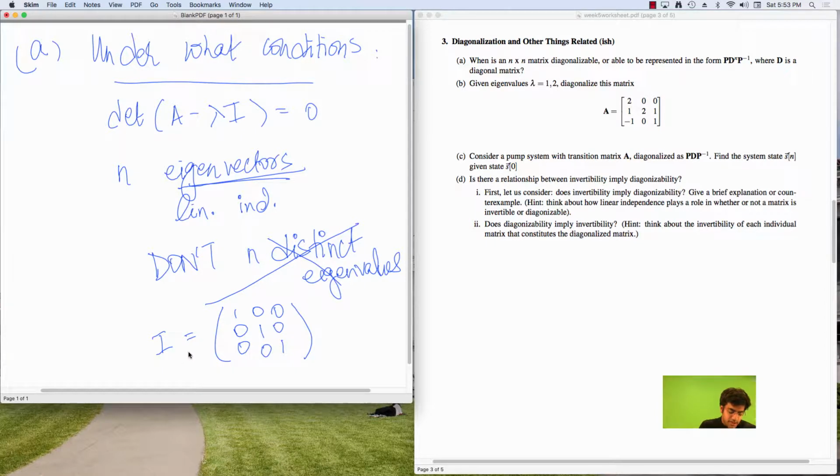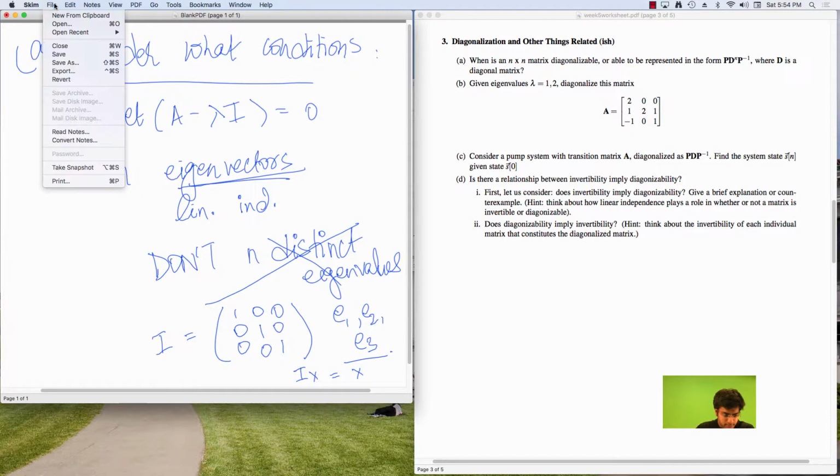However, the identity matrix is already in a diagonal form, and all we need is n independent eigenvectors. In this case, n is 3, and the 3 eigenvectors we can take are e1, e2, and e3. Note in particular, anything is an eigenvector for the identity matrix because Ix equals x for all x in the domain. OK, so that was part A.